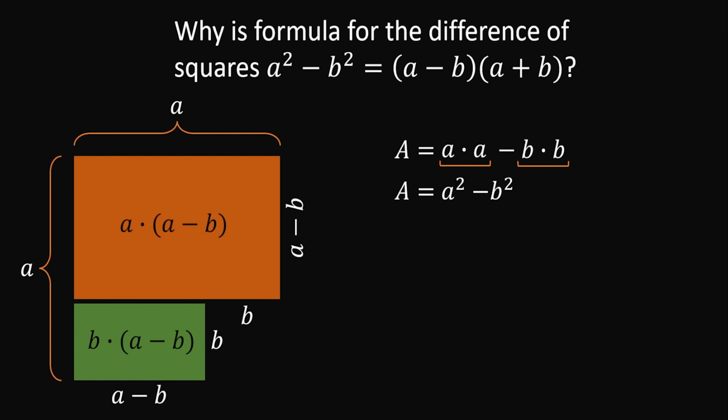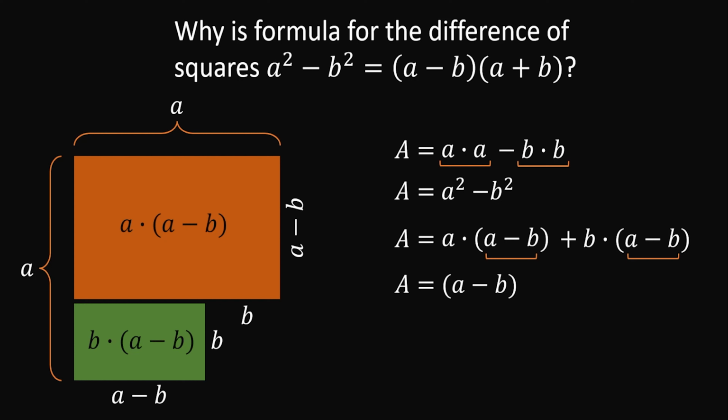Now we can say that the overall area is equal to the area of the bigger rectangle, that's a times a minus b, plus the area of the smaller rectangle, that's b times a minus b. Now we can see that a minus b is a common factor, so we can put it in front of the brackets.